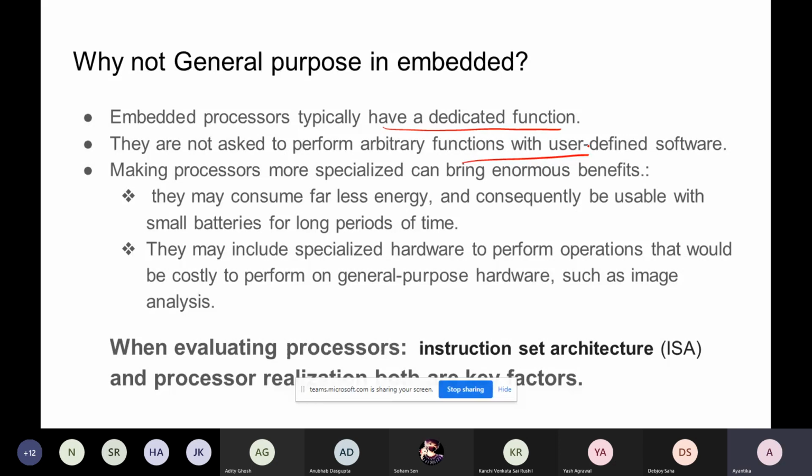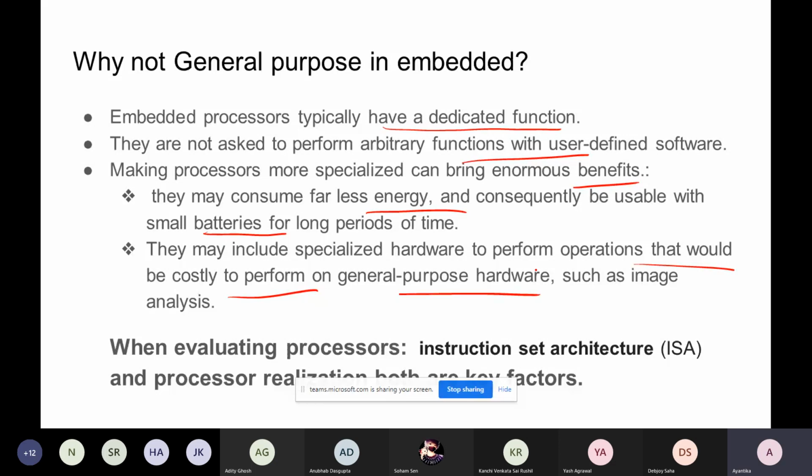Making processors more specialized can bring some benefits. They may consume less energy, so that they can be used with small power or small battery resources. They may include specialized hardware to perform operations that would be costly on a general purpose processor.